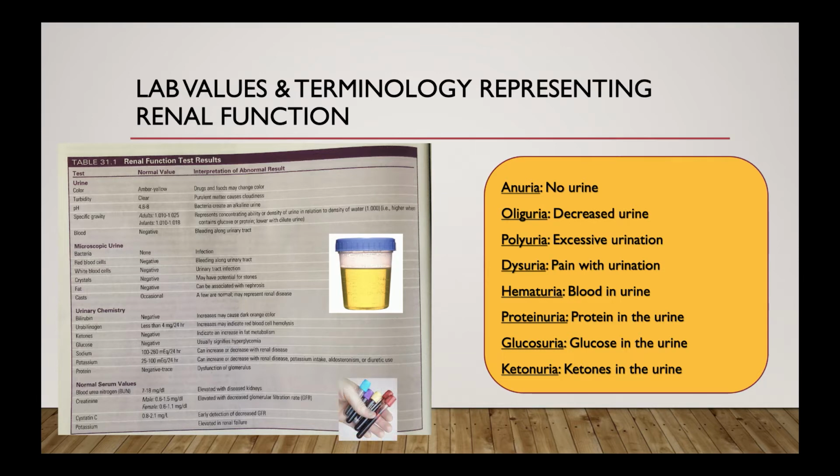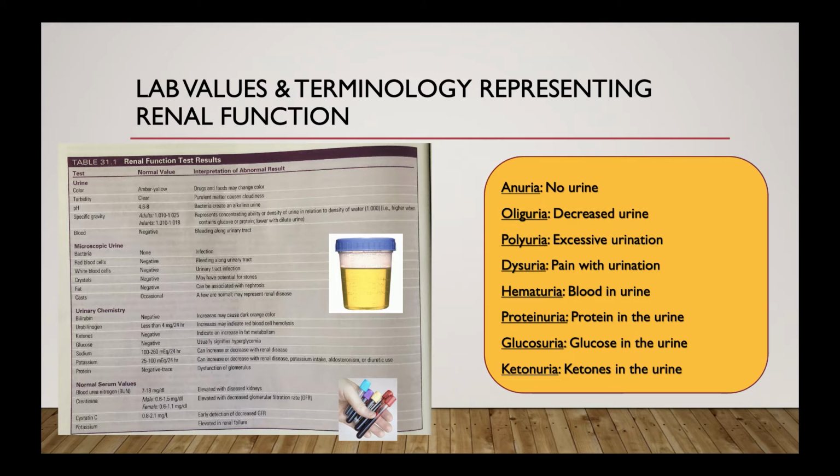Going on down to the lab values at the bottom, my arrow is just not behaving today, it doesn't want to move. This is where we're going to see the values we just talked about. So the blood urea nitrogen, creatinine, cystatin C is something else that can be measured. It's a pretty constant protein.